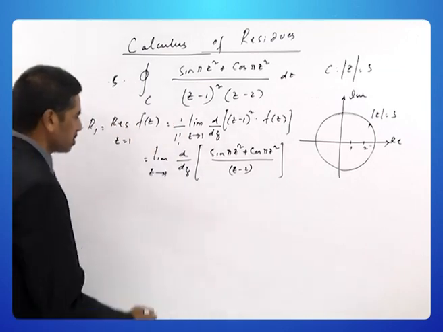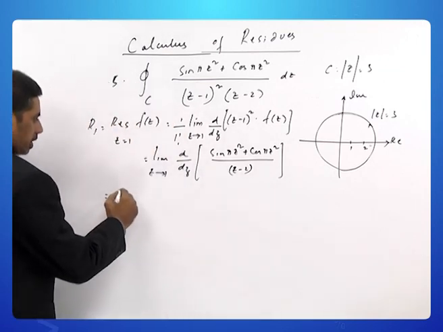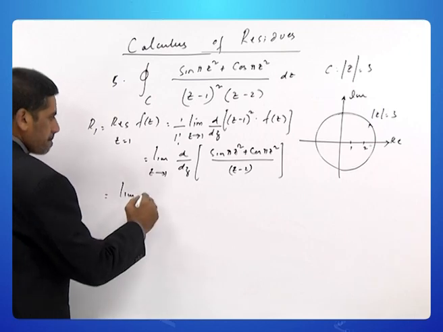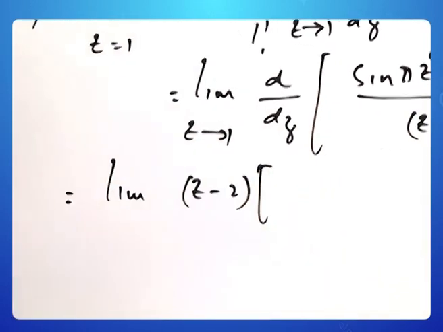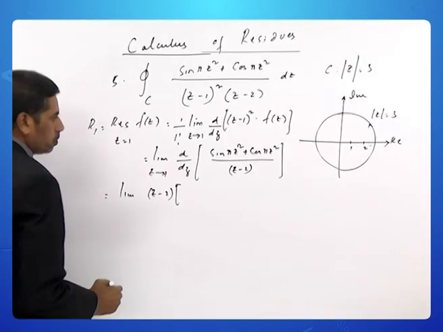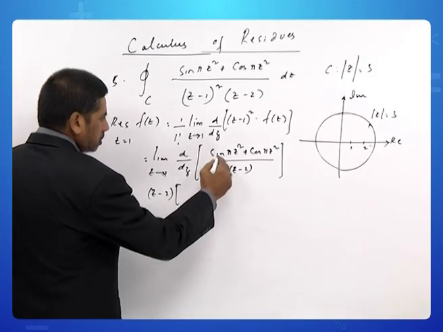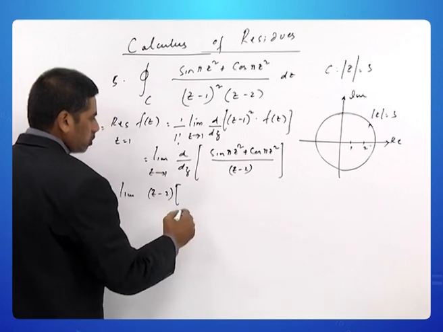So, let us do the differentiation. So, you will get limit, (z minus 2) into, this will become cos pi z squared into 2 pi z.